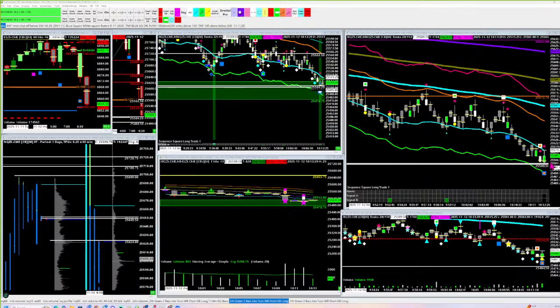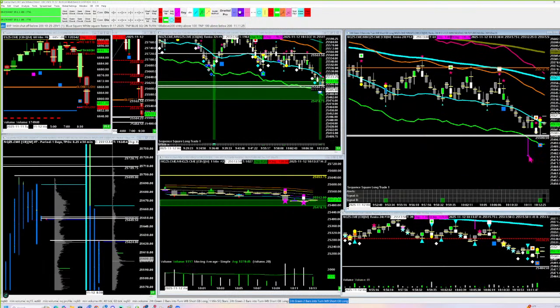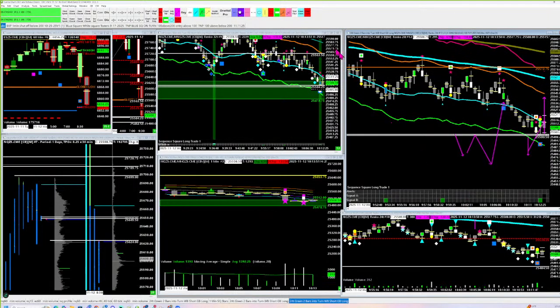So remember, there's two ways to look at it. Test and go. When we're in a strong market, it goes. But what you want is the look below, look above, backside test, and go. Or look below, backside test, fail, and then go. Those are your two looks you want there.